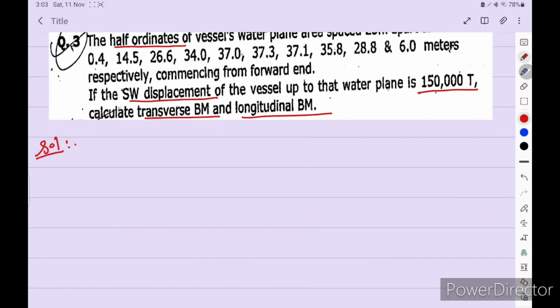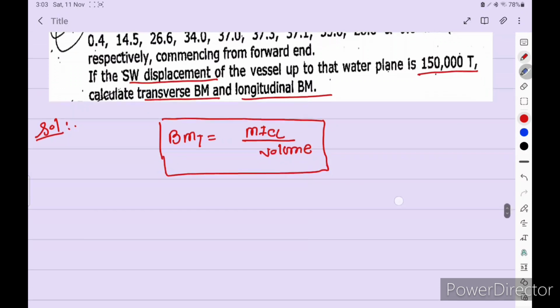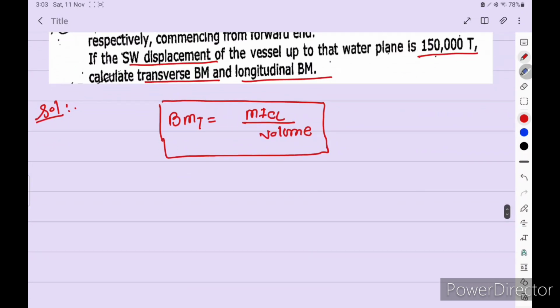So first we have to find out BM transverse. The BM transverse formula is moment of inertia about the center line upon volume. Now we require all this to put into the formula so that we can find the BM transverse. Since we know that mass is equal to volume into density, correct?